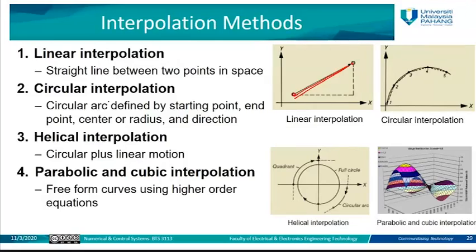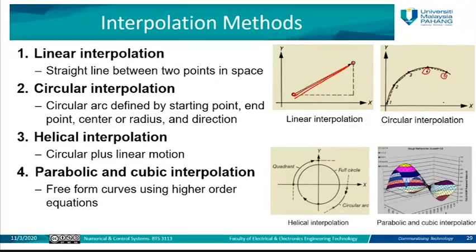The second is circular interpolation. Here the path is in the form of a circle or semicircle, so it is curved, not a straight line. We need to define the first point, for example, then the second point, third point, fourth point, and so on until we reach the fifth point.